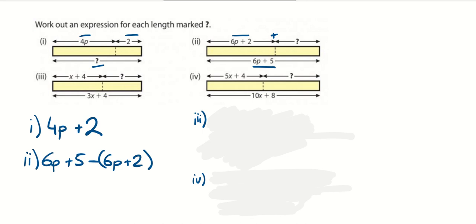So we have to minus that, and it becomes 6p plus 5 minus 6p minus 2, because you're going to minus both of these numbers off. That's very straightforward. 6p minus 6p, they go away, and 5 minus 2 is 3. So your question mark there is equal to 3. It's just figuring out whether you have to add or subtract.